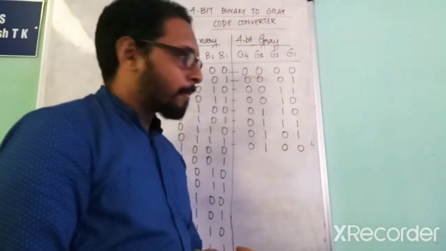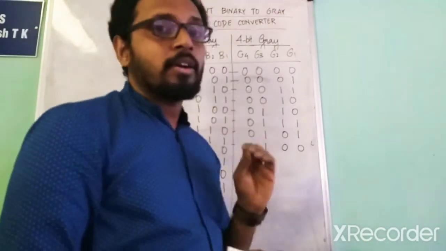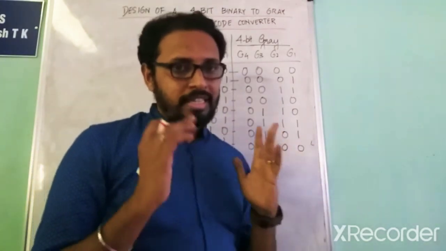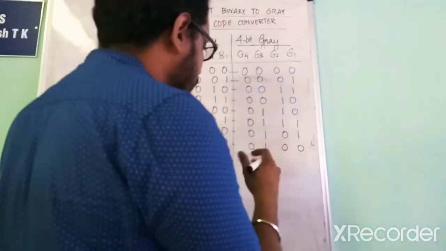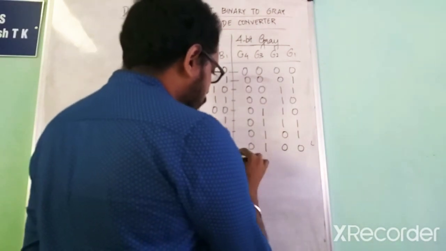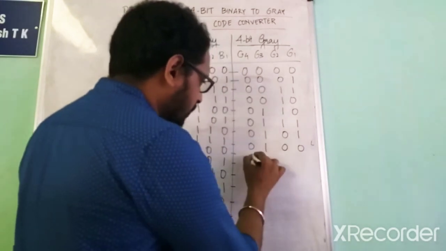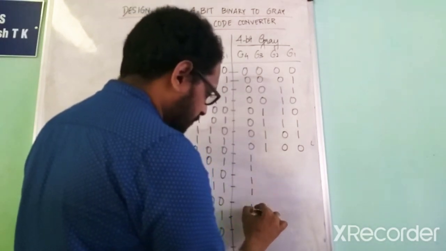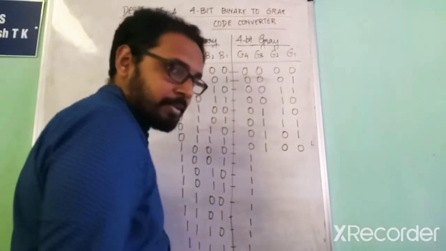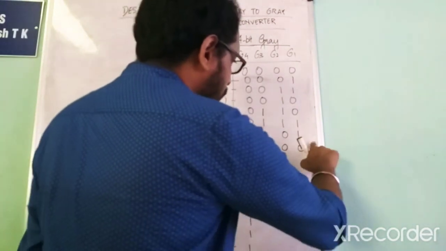Clear? Next, gray code is a reflective code. So the easiest method is, don't go for finding such calculations. Just do one thing: put all these values as 1, then go in the reverse direction.